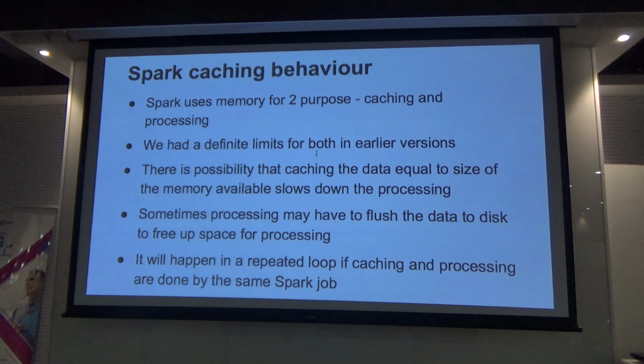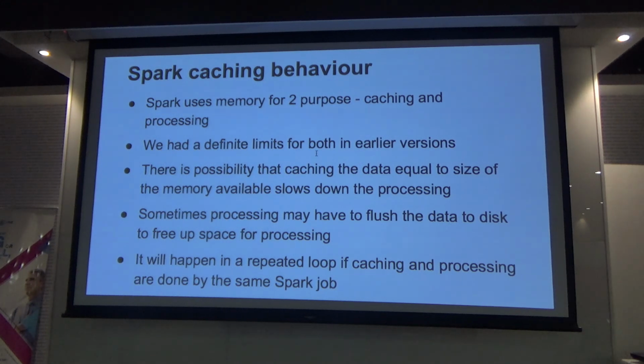Processing then tries to acquire memory again and that is flushed to disk. It goes in a repeated loop and takes a lot more time than expected. The cache is caching the data, processing removes it, and the cache caches it again.